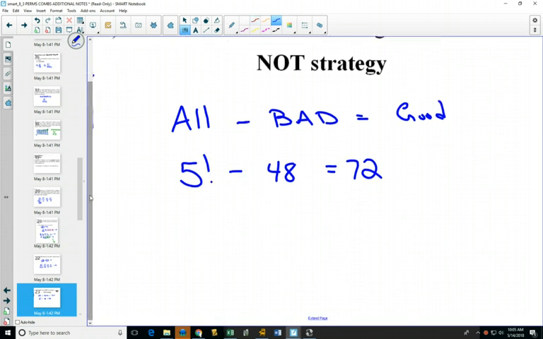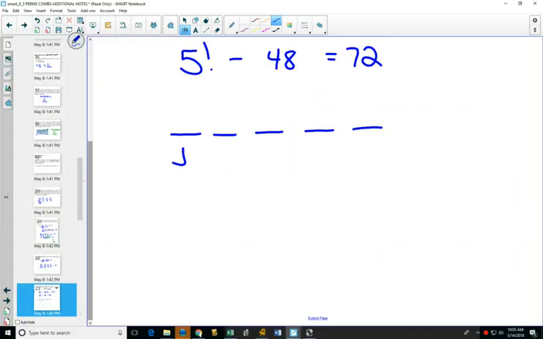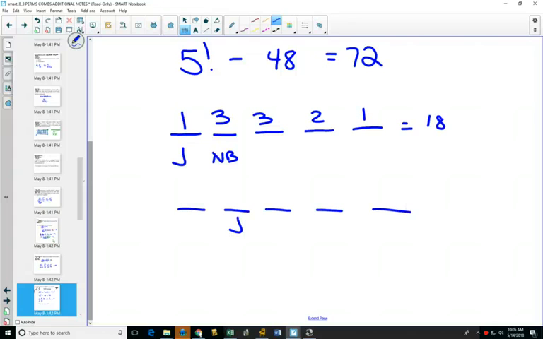There was a group yesterday that came up with this strategy. They said, well, we're going to put Jill here. That means not Bill there. So there's 1 person that sits there, 3 people that are sitting there, and then it doesn't matter. 3, 2, 1, 18 ways. Then they said, next I'm going to put Jill here. That means this is not Bill, and this is not Bill. So there's 3 choices, then 2 choices, then 2 left. 12 ways.